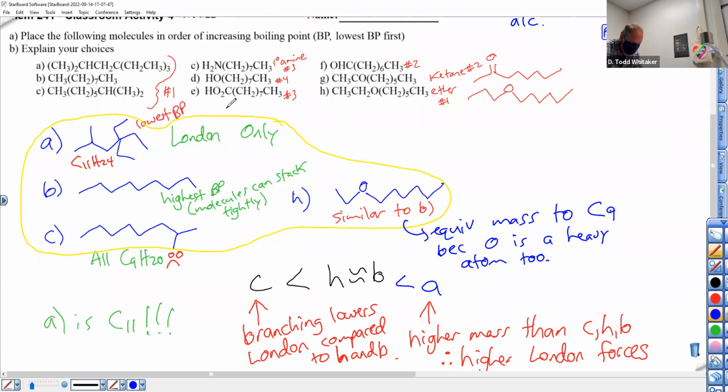Isn't that the only carboxylic acid? E. So when we're done, E at the end. Most extensive H bonding. Good?